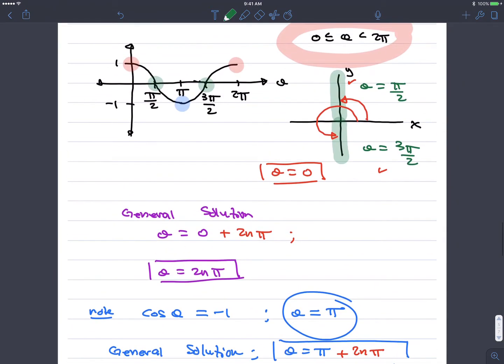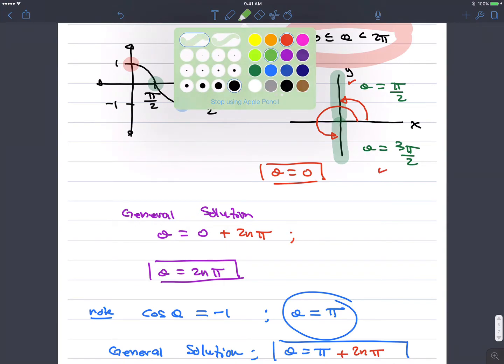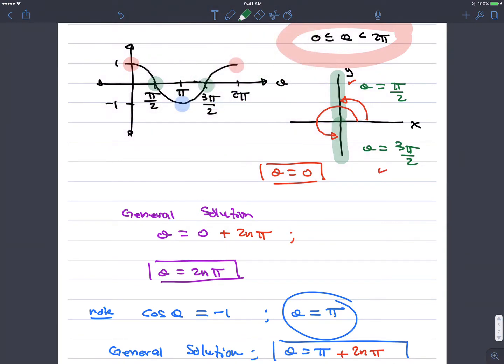Look at these angles. Let's get another color and look at these angles here. Once we got that theta being pi over 2, is that true?